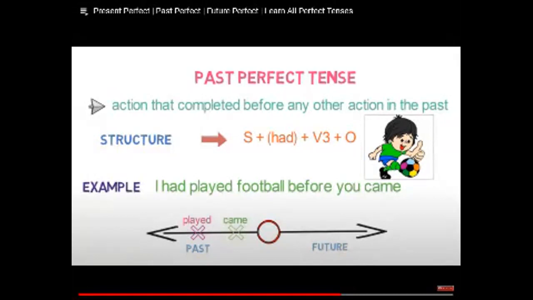I started my action, that was playing, and I am talking about another action which is also done in the past, but the first action was my playing, it was done, then the other action was done. So what is past perfect tense? You will always think that an action which I have started must be done before starting any other action or before talking about any other action. So this is past perfect tense.